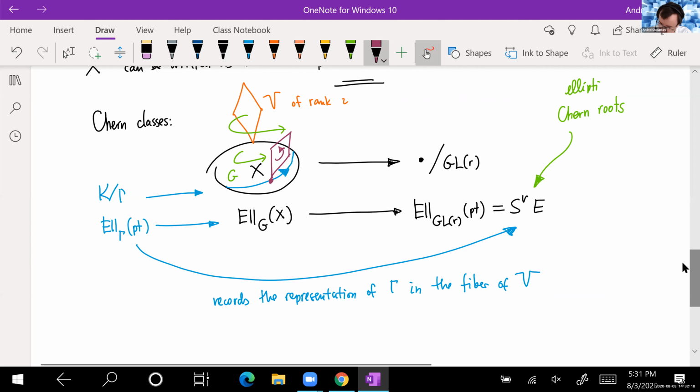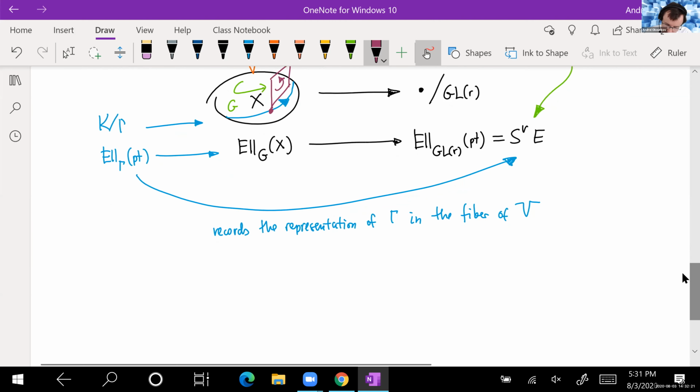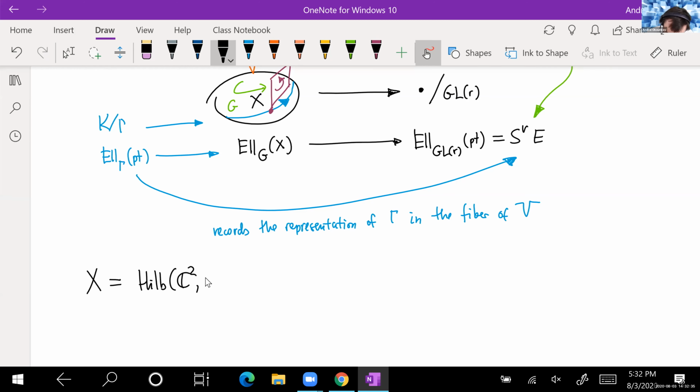So for instance, the example we considered in part one: what is the elliptic homology when my X is the Hilbert scheme of n points in C2 with the action of a two-dimensional torus, which maybe I'll denote T1, T2, the set of diagonal matrices. It's well known that cohomology is generated by the Chern classes of the tautological bundle.